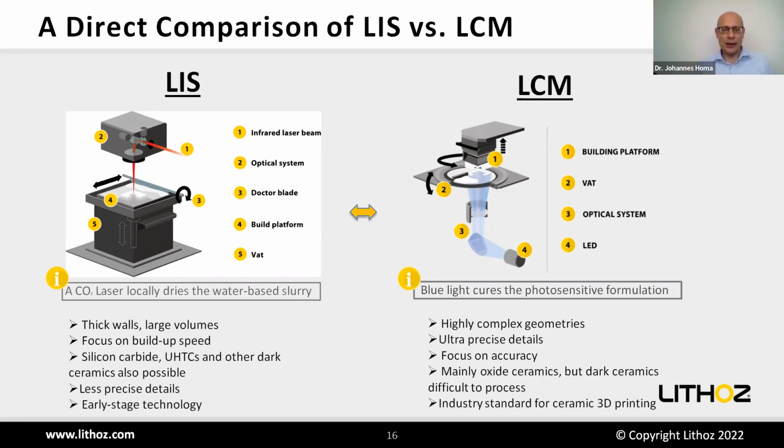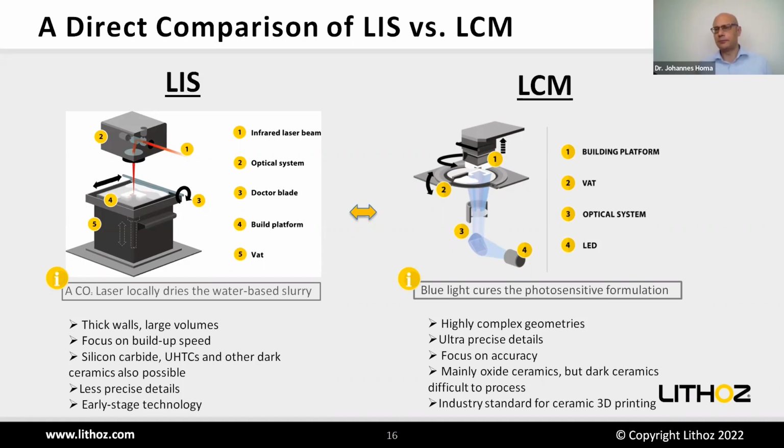We can also use silicon carbide. We can use ultra-high temperature ceramics, and all other dark ceramics can be used. But it is not as precise as we are used to from the LCM technology, which is focusing on precision, on accuracy, on parts which do not have to be machined afterwards.